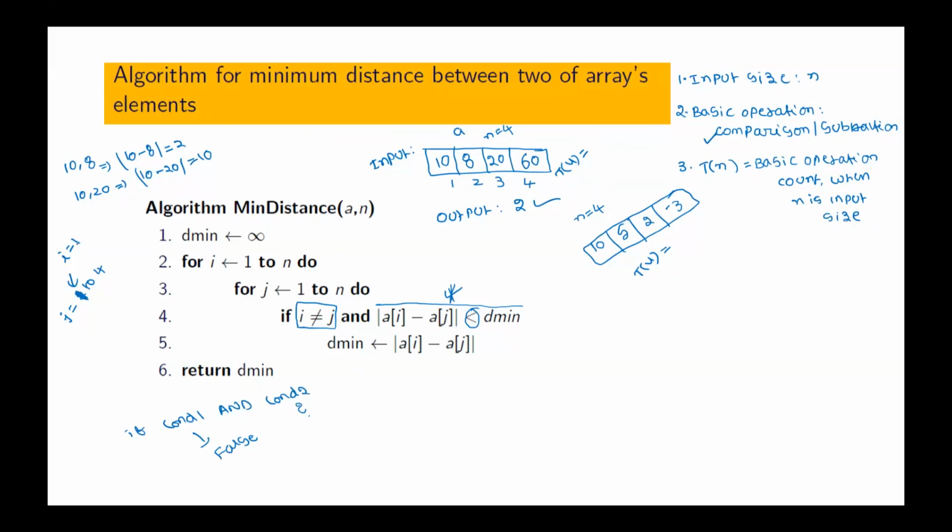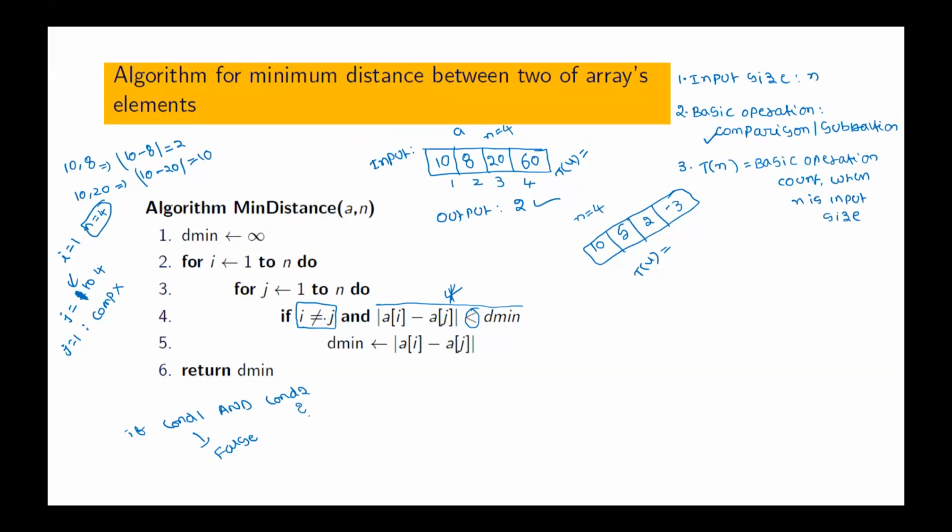When i equals 1, j can take values from 1 to 4. But is the comparison performed when j equals 1? It is not performed, because the i not equal j condition fails.